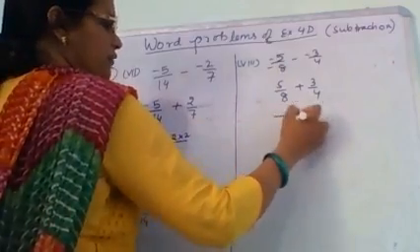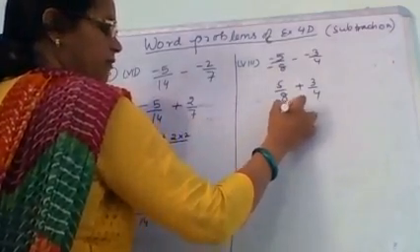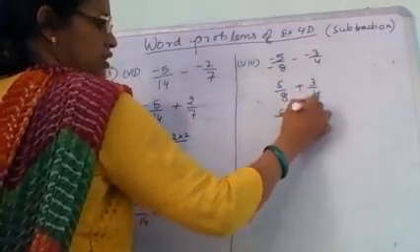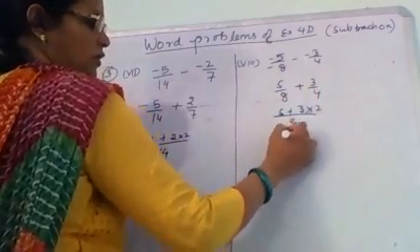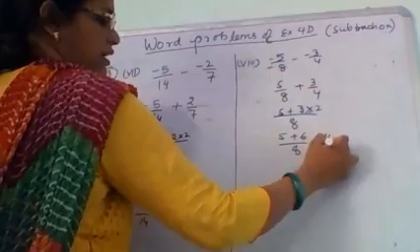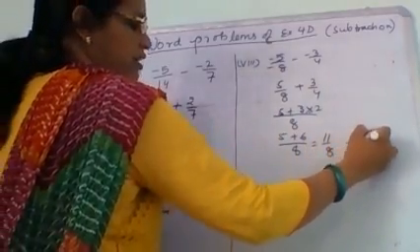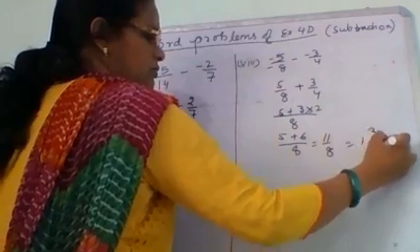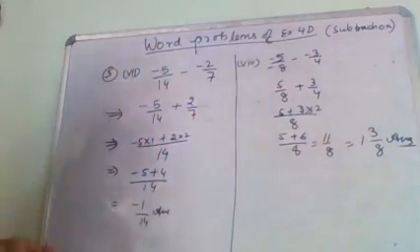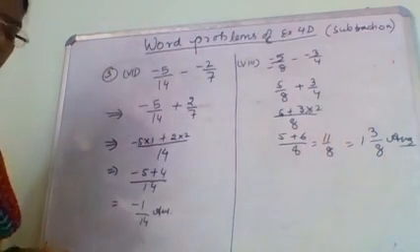So 8 LCM, 5 plus 4 in 3 into 2, 5 plus 6 by 8, 11 by 8. You can write it into the mixed form also. So this is how we do the questions.